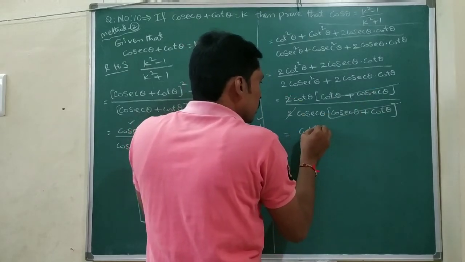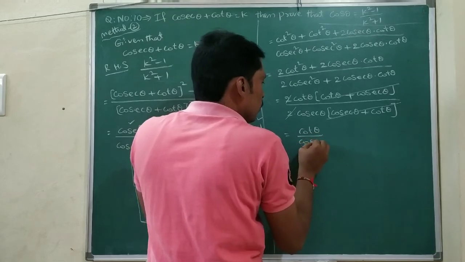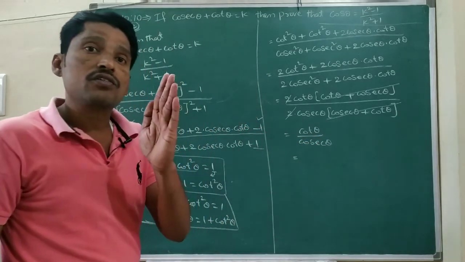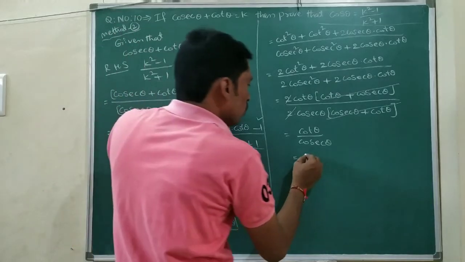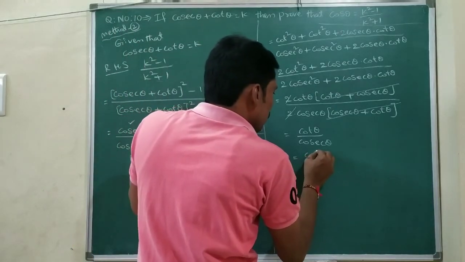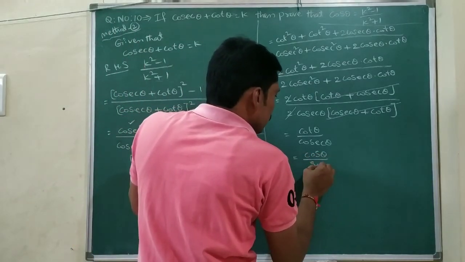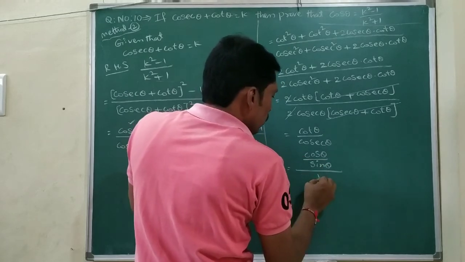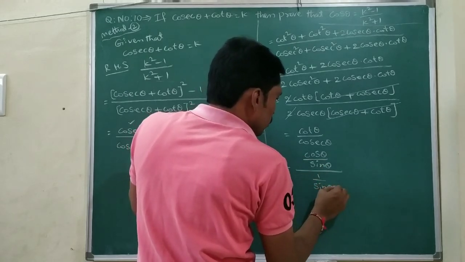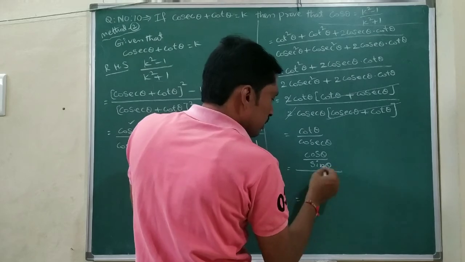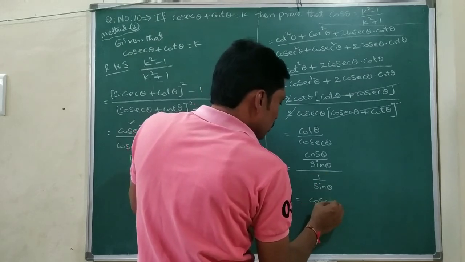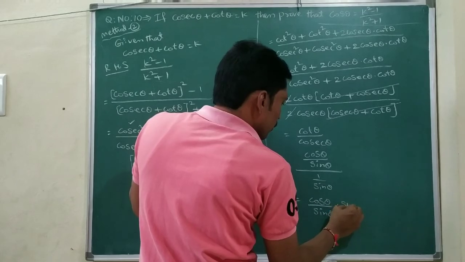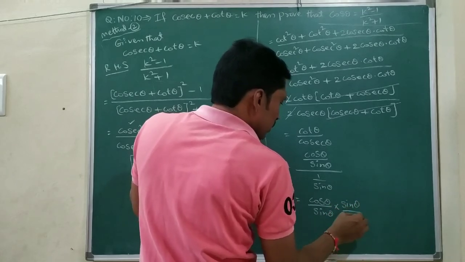So what is remained here? Cot theta by cosec theta is remained. What is cot? Cos theta by sin theta. So cot theta I am taking as cos theta by sin theta, whole by cosec. Cosec means 1 by sin theta. So this reciprocal you can take, cos theta by sin theta into sin theta by 1 we are getting.